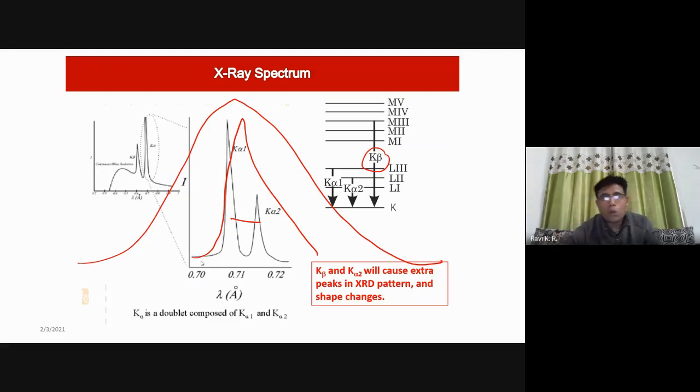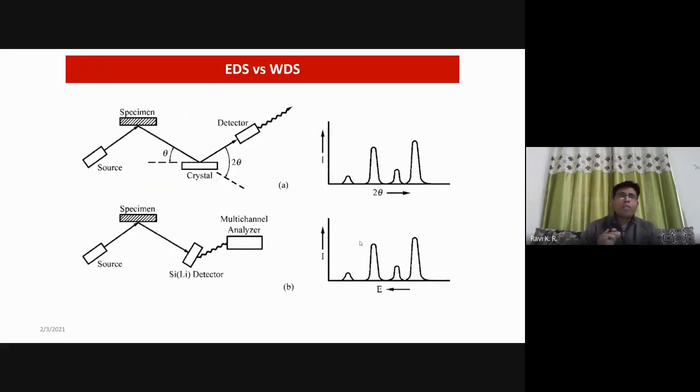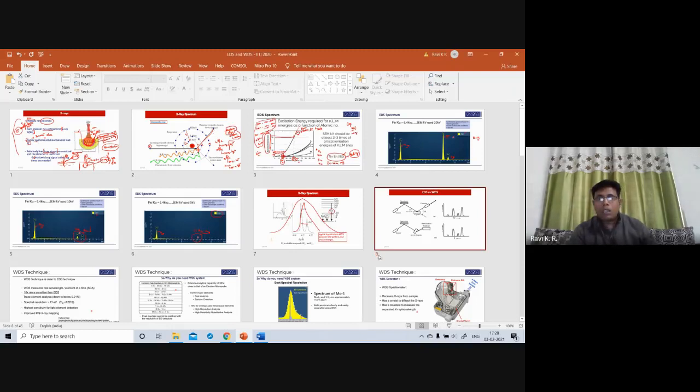But even K beta, you can sometimes see it overlap, depending on the system. Okay, fine. If you have any question up to this part, you can ask me.